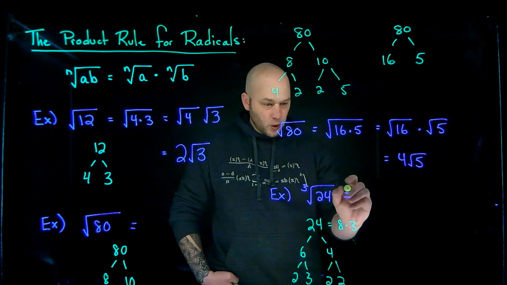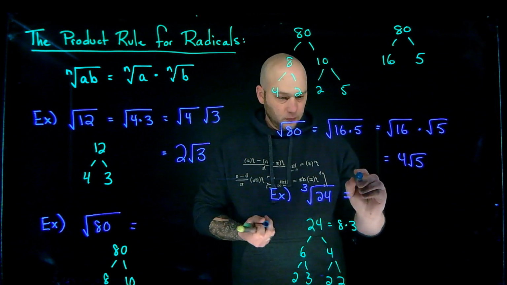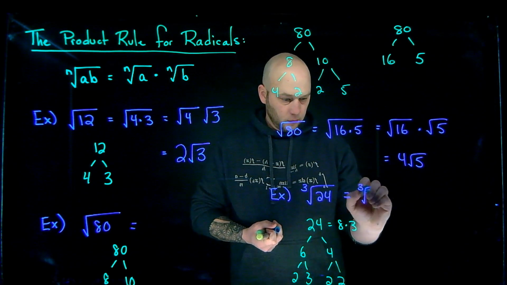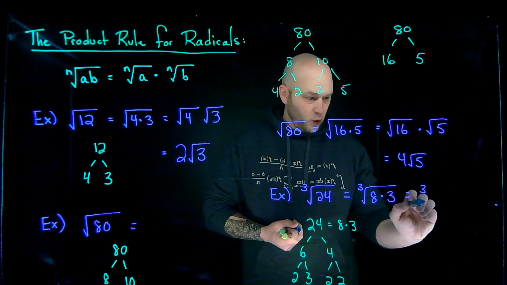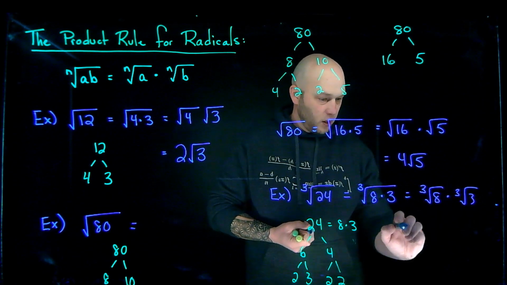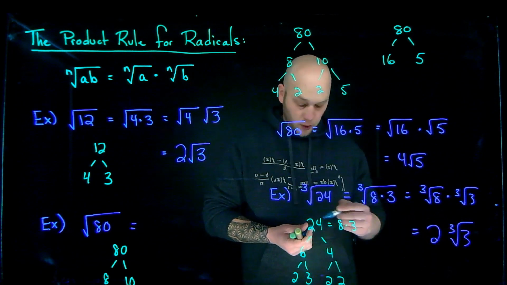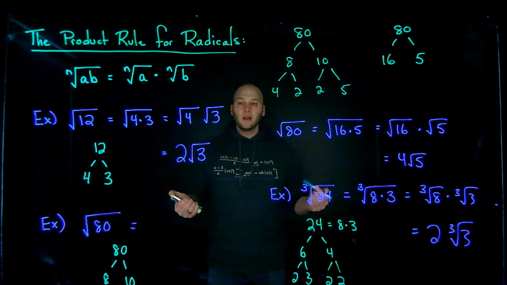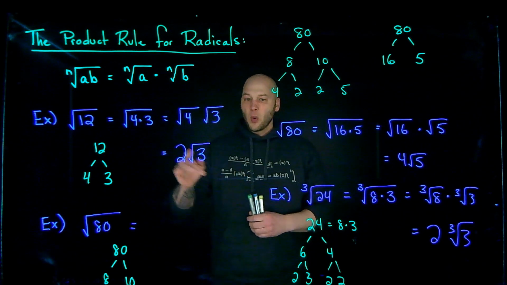So therefore, this would be the cube root of 8 times 3, which would be the cube root of 8 multiplied by the cube root of 3, which is 2 cube root of 3.